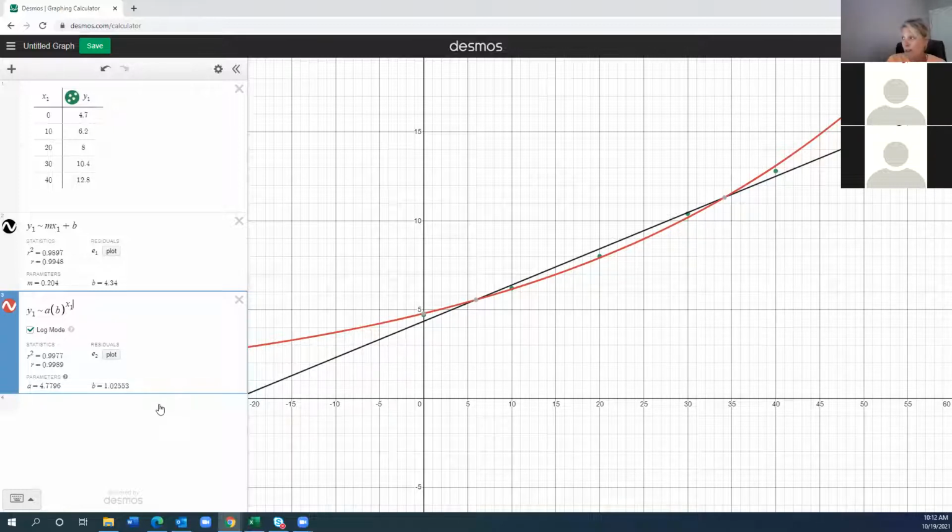Okay, so now when we do these, they both look like they kind of fit pretty well, but which one fits better? I don't know. I feel like it's really close, but maybe the exponential.